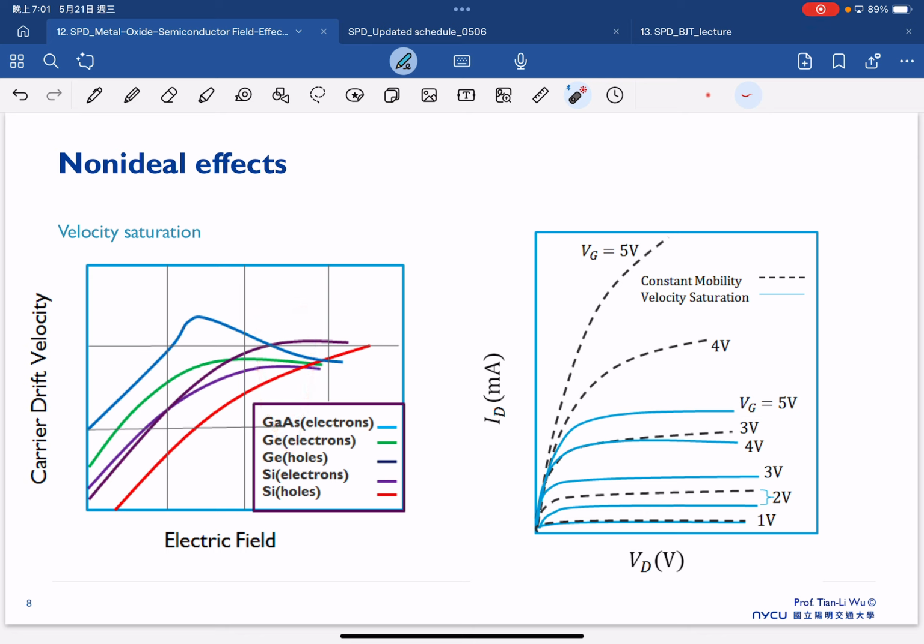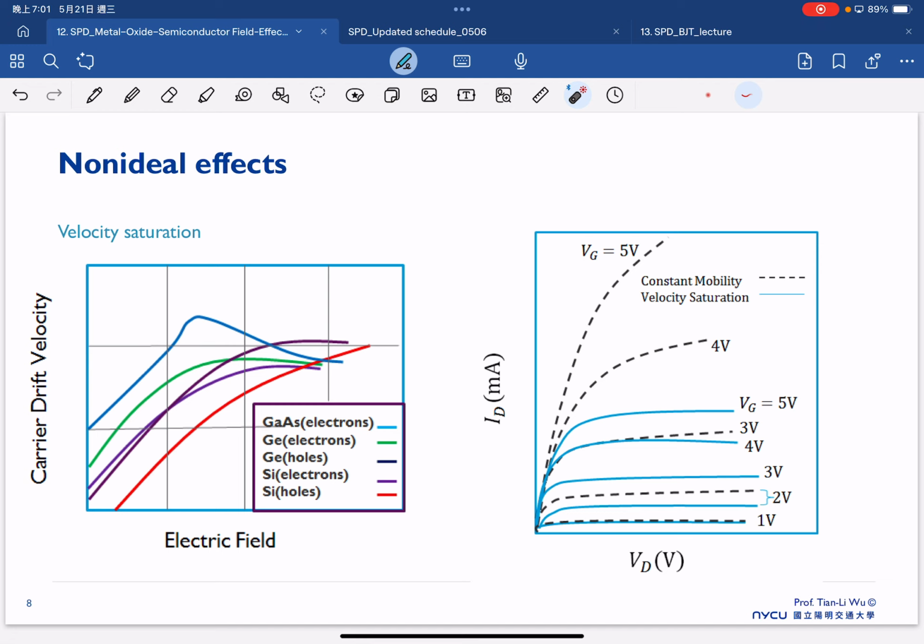So that's why gallium nitride is always a very good candidate for RF power amplifier applications. It's already commercialized. You can find lots of RF GaN power amplifier products.